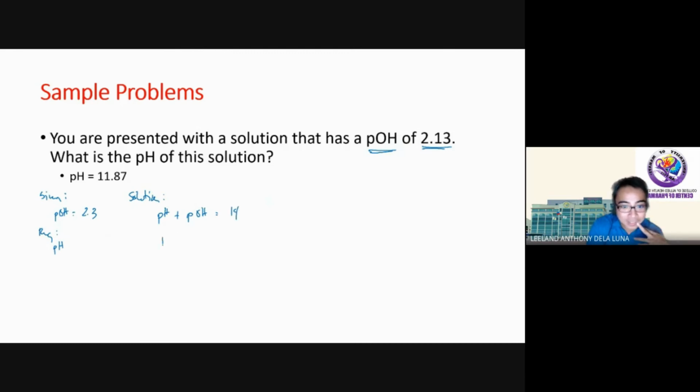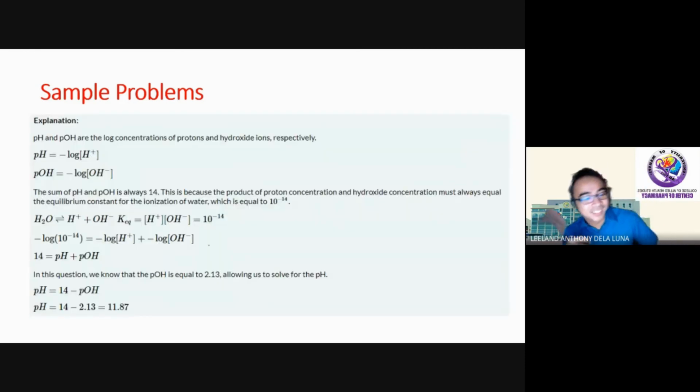So, to get the pH, that's just 14 minus 2.13 and you'll get 11.87. Make sense? Easy, right? Of course, we start with the easy ones so you won't be discouraged right away. So, 14 minus pOH, 11.87. Class, this just explains how we got pH plus pOH equals 14. But the solution is just this.